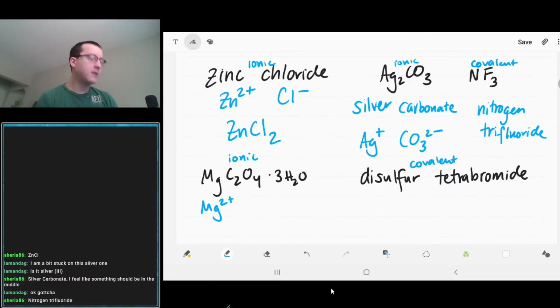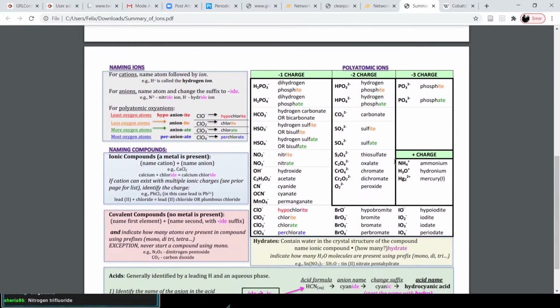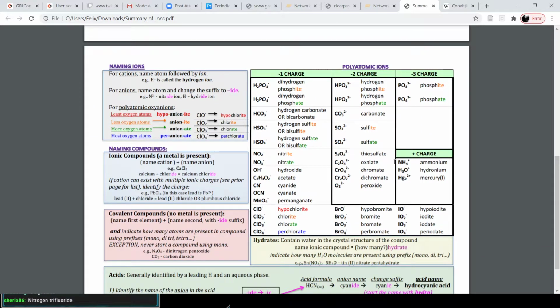So don't forget magnesium is always 2+. And so you're going to want to find out what the heck this ion is. Again, it'll make things a lot easier once you get to learning the ions. And so we're going to see, do we have anything that is C2O4 2-?